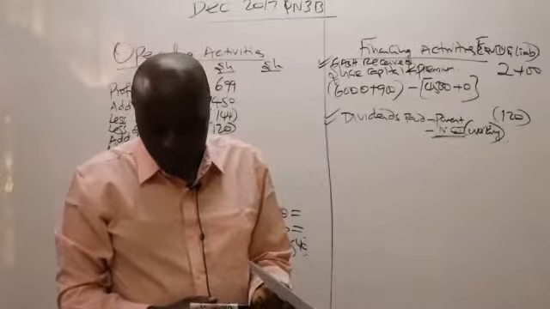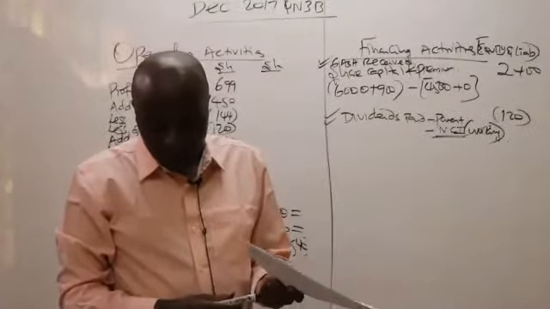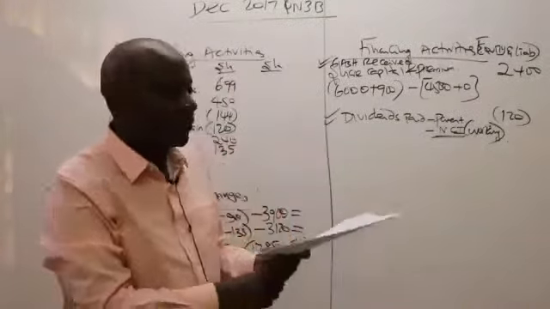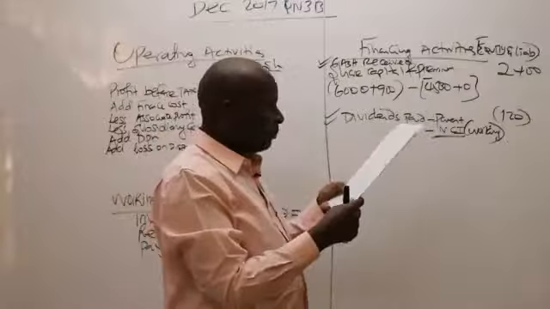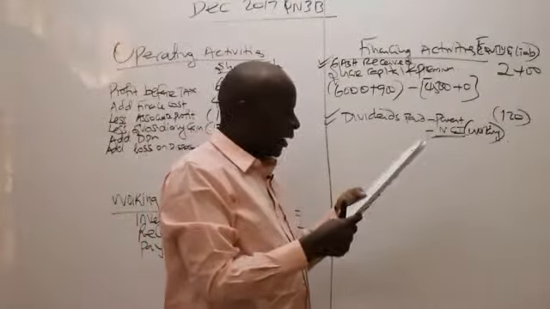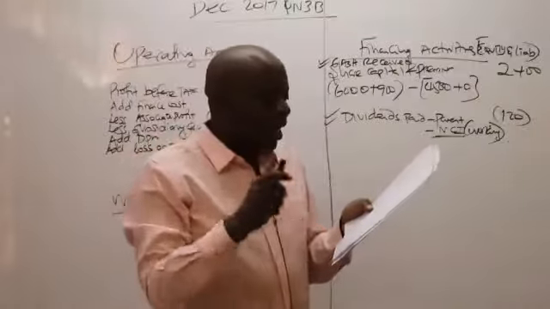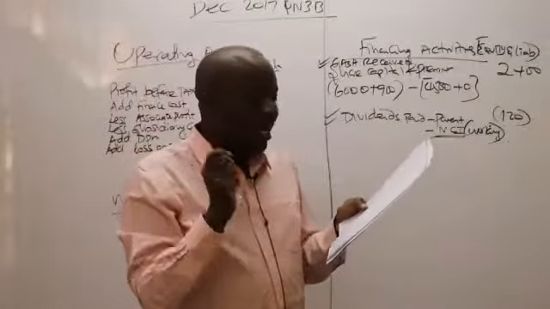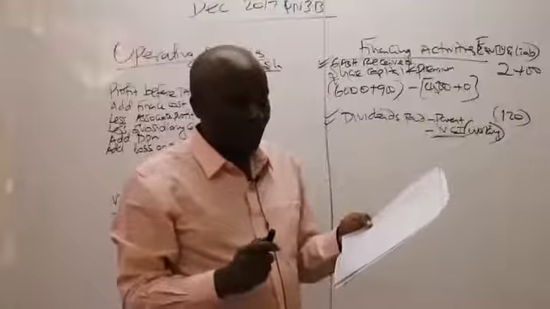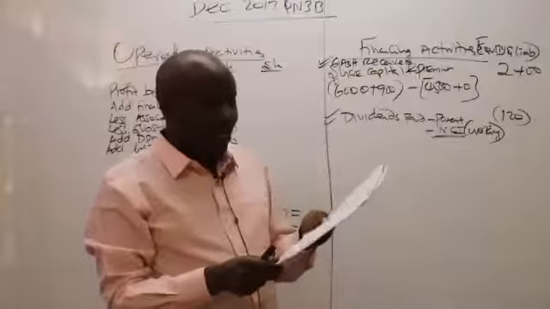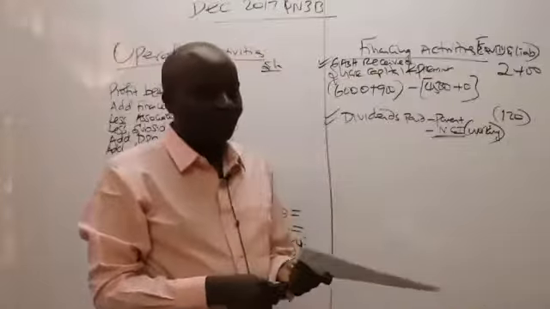Let me give you a minute to find these loans, the bank loans. You can see the bank loans that we have here have been accounted for under non-current liabilities.